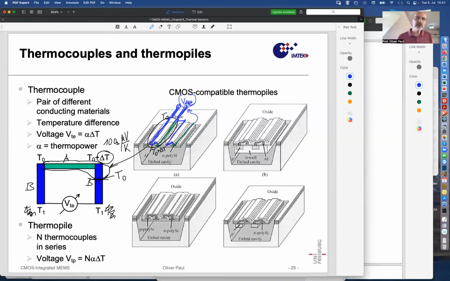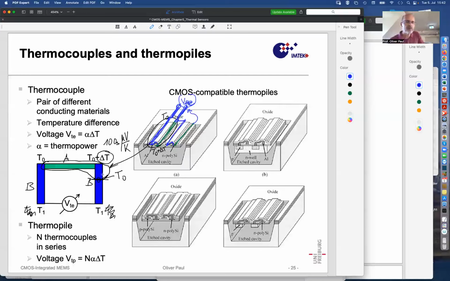And so here you have an example of a simple two-leg thermopile made of aluminum and polysilicon. Here you have another one, which is P plus silicon and aluminum in a suspended structure. Here you have poly of one kind and poly of another kind, N and P poly, that are connected here.